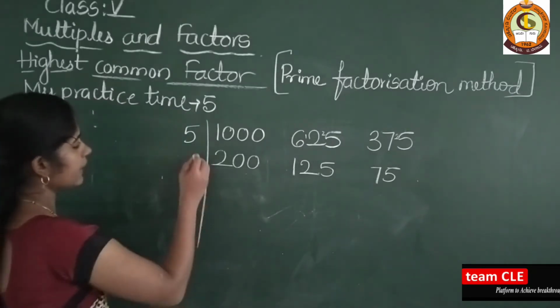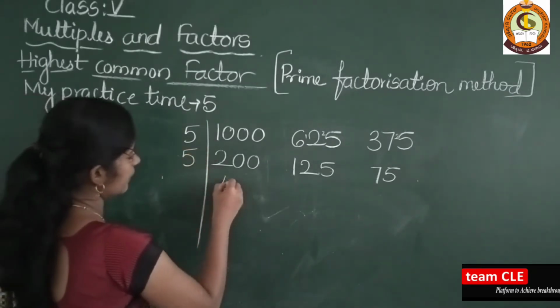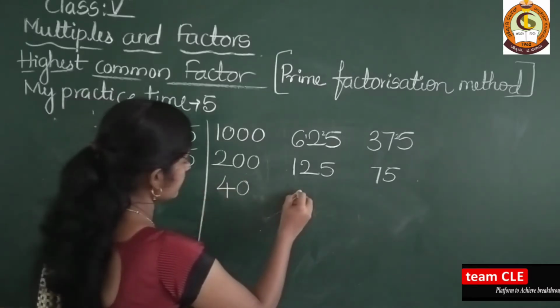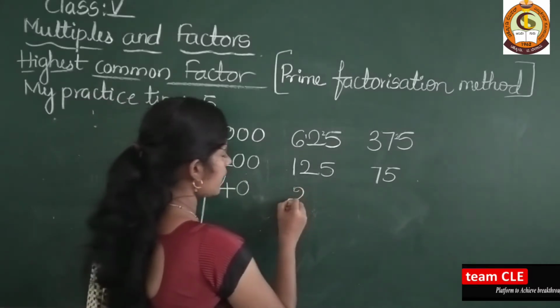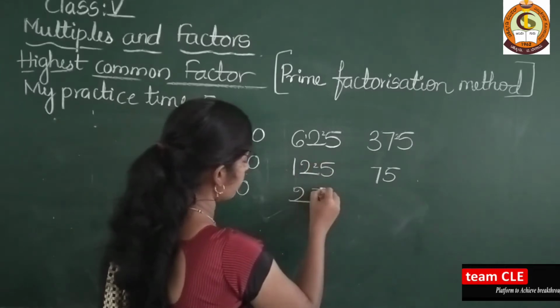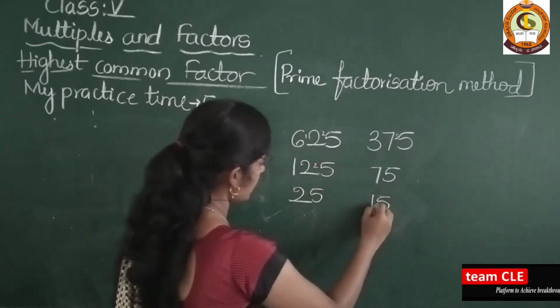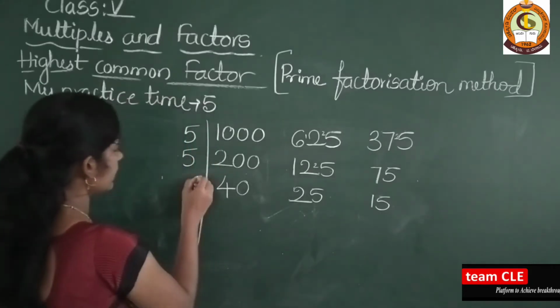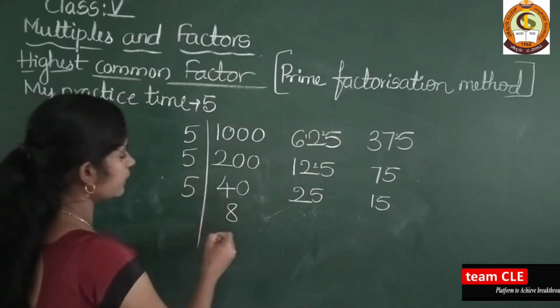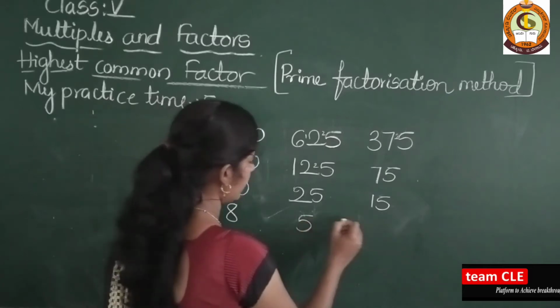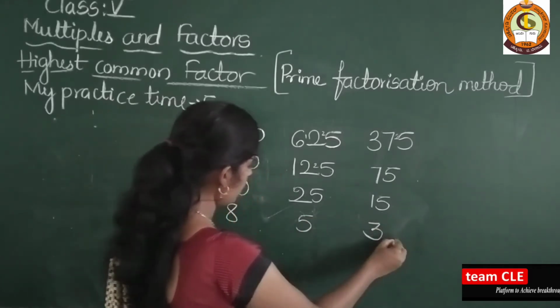Next again I will divide with 5. 5 fours are 20, 5 twos are 10, 5 fives are 25. Next 5 ones are 5, 5 eights are 40, 5 threes are 15.